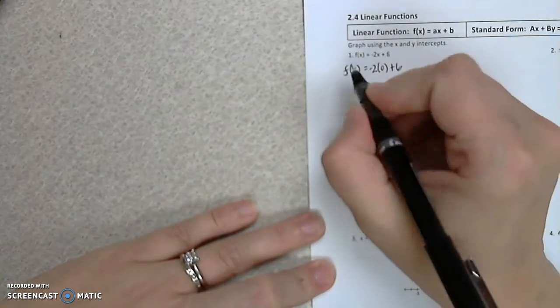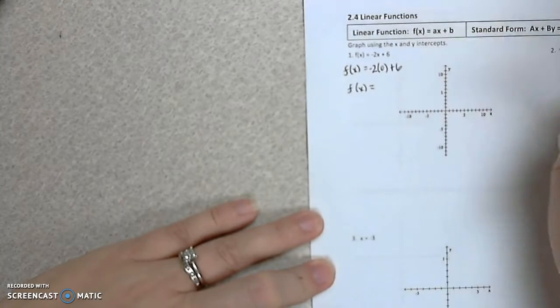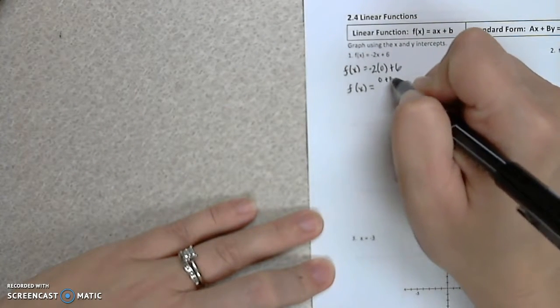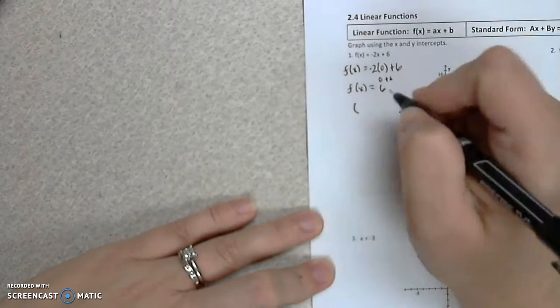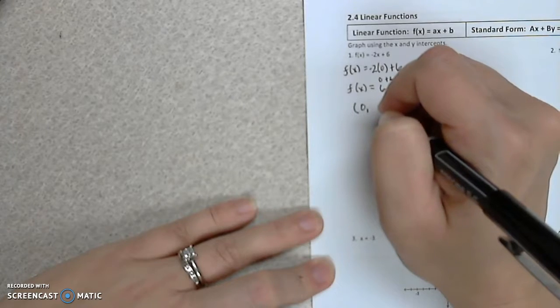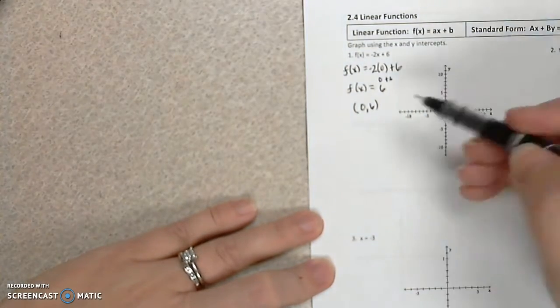And so what that tells me is when x is 0, the y value is 0 plus 6, which is 6. So that gives me the coordinate 0, 6.